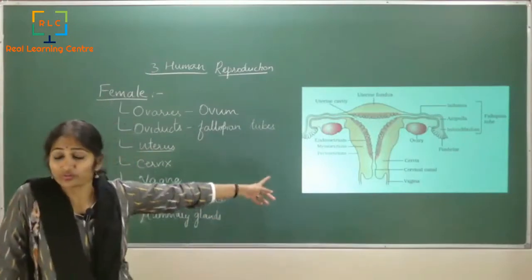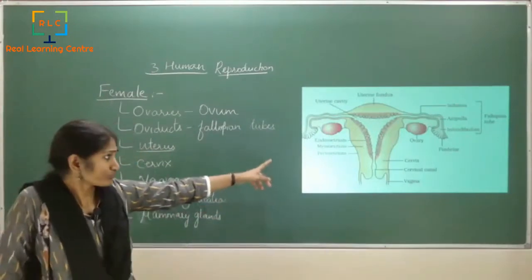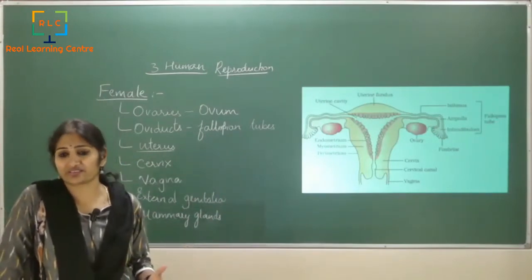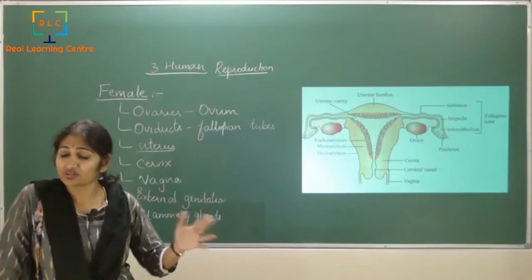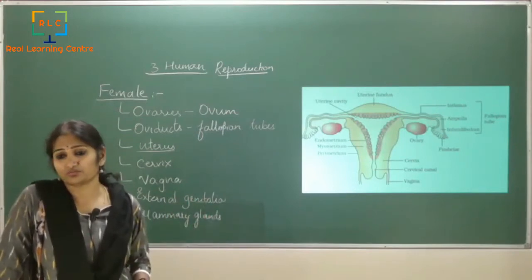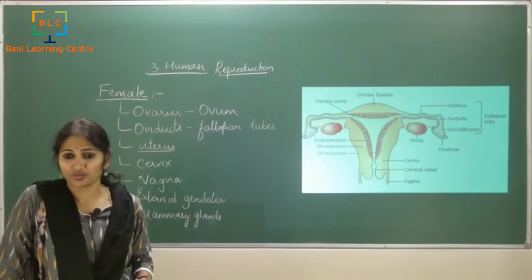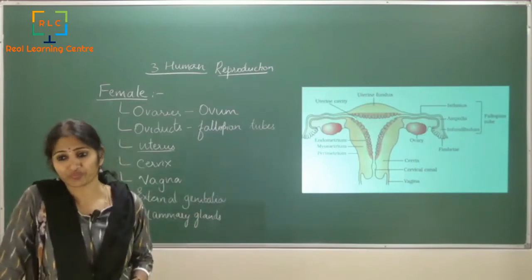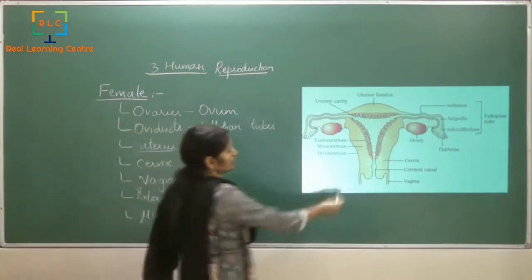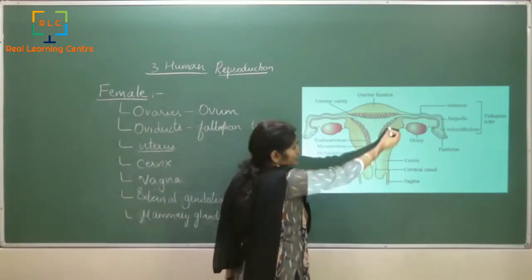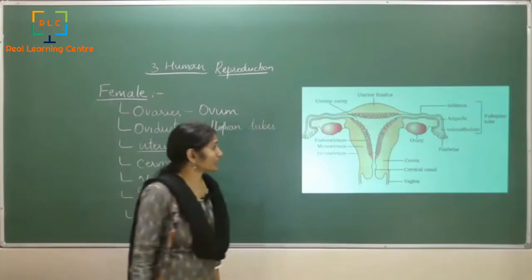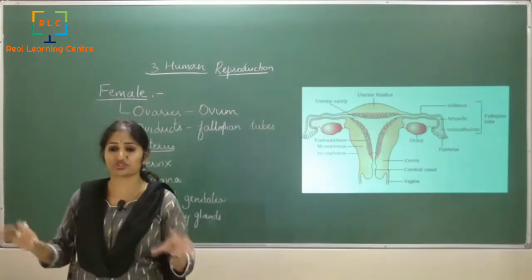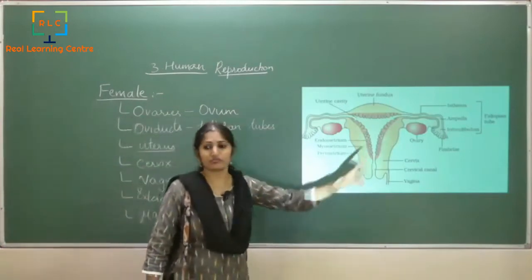The myometrium is very important because it has the ability to contract and relax, and this also aids in the birth of the child. During child labor, the myometrium has a very important role to play. Then we have one more layer, shown in light red here, called the endometrium. Endo means inside, and metrium is the membrane, so it is the innermost membrane.